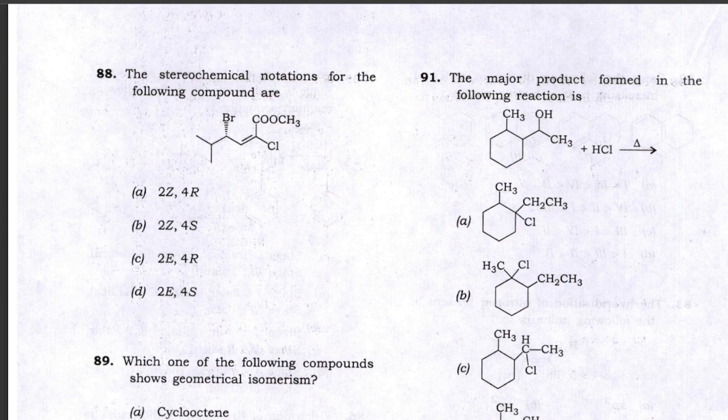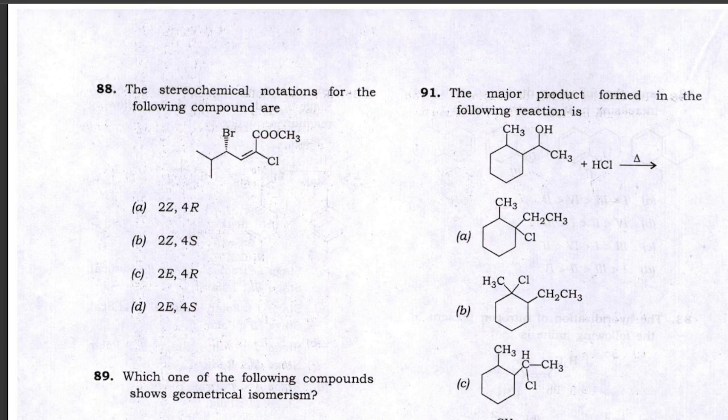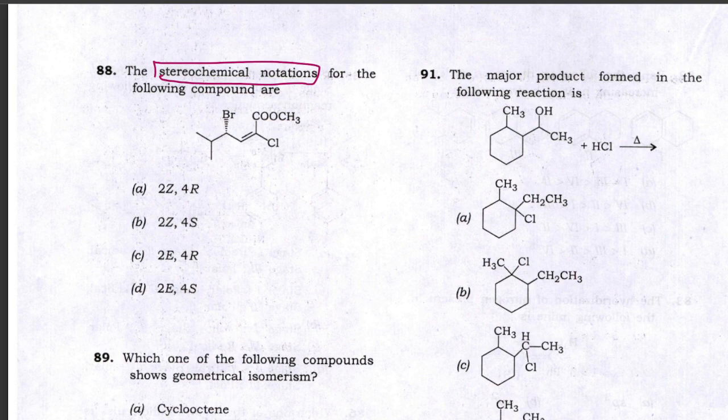Now, question 88. The stereochemical notations for the following compound are. So you have to do the nomenclature as per the IUPAC nomenclature. You have to do the numbering first.